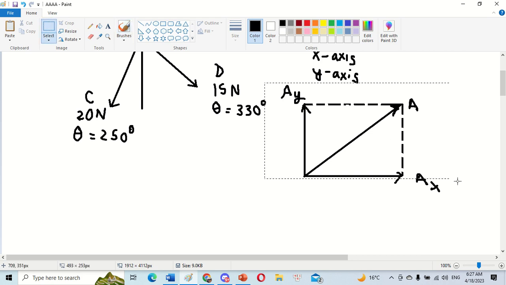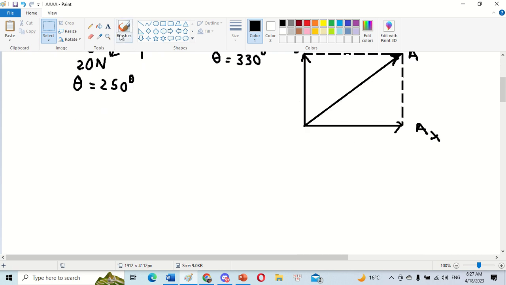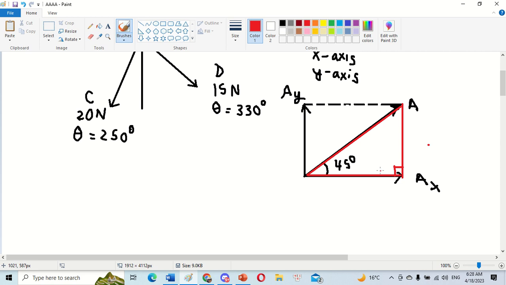So we calculate this one. We have 45 degrees, so that means the value going here. Looking at this triangle, we can see that this is a right triangle, and we need to find AX and AY.